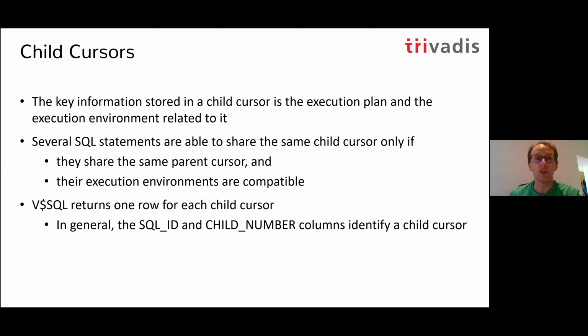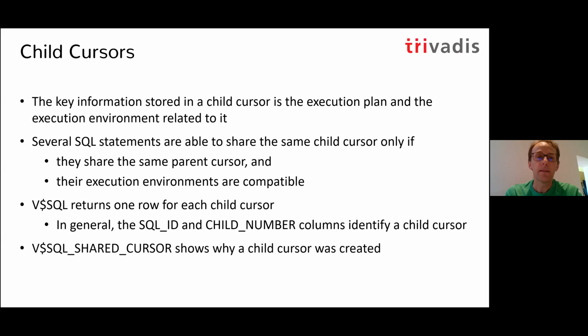And in general, to identify them, you use the SQL ID and the child number, simply because the SQL ID identifies the parent cursor, and the child number is simply a sequential integer that is increased after creating every child cursor for a given parent. Okay. And if you have a number of child cursors and you want to know why, check with V$SQL_SHARED_CURSOR.